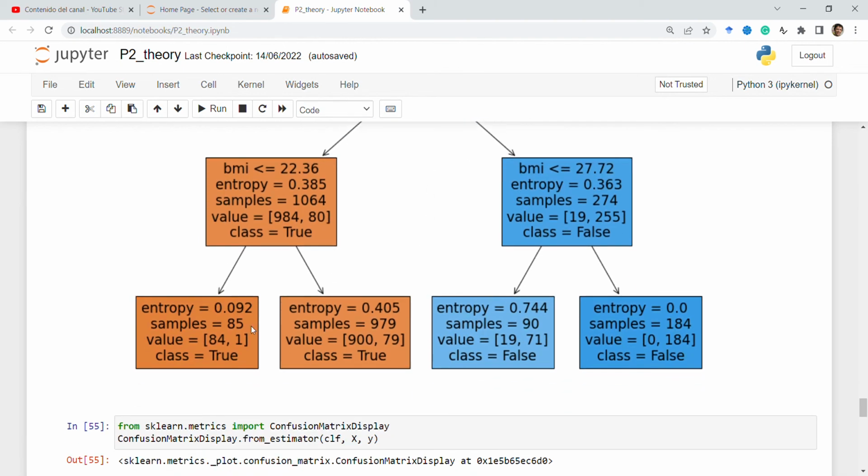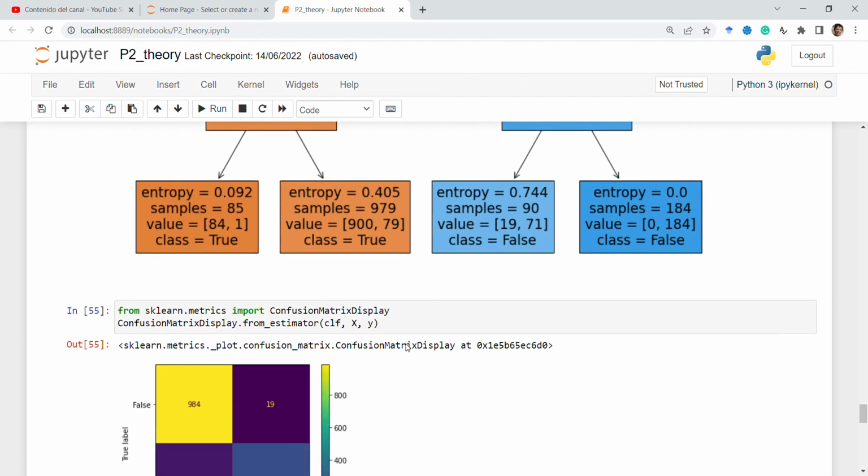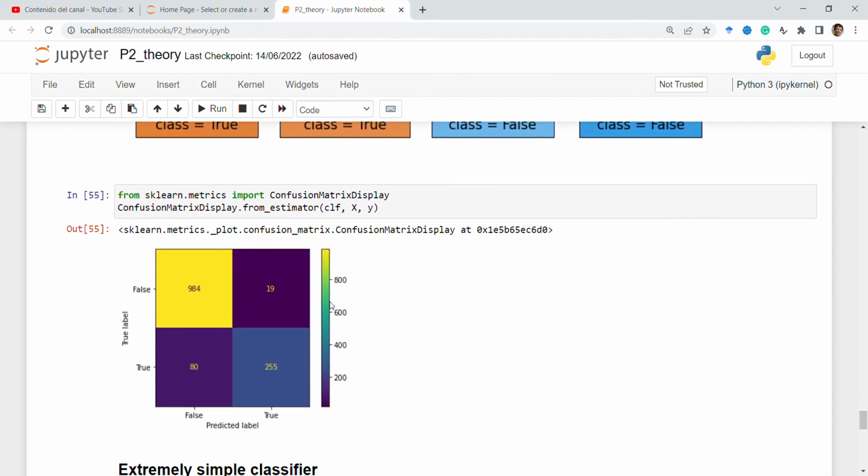So the second level questions, they don't really discriminate. You see, true, true, false, false. So there is no discrimination. And this is the confusion matrix. So the confusion matrix is a matrix in which you count how many people have a given true label and a given predicted label.